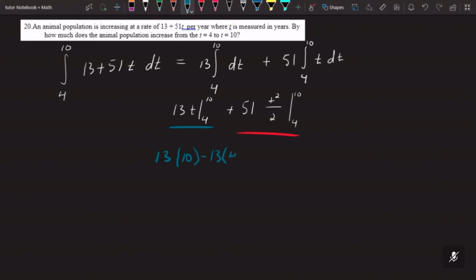Thirteen times 10 minus 13 times 4 plus 51 times 10 squared over 2 minus 51 times 4 squared over 2.